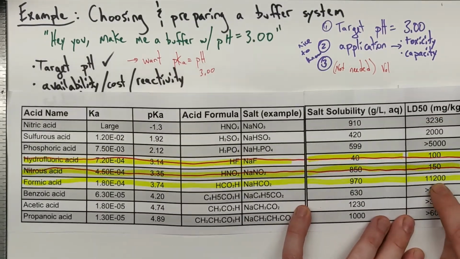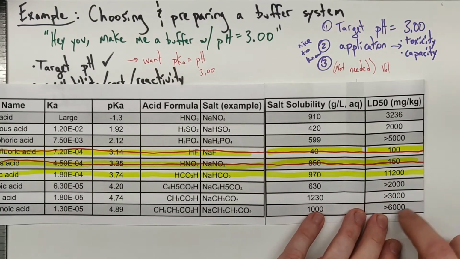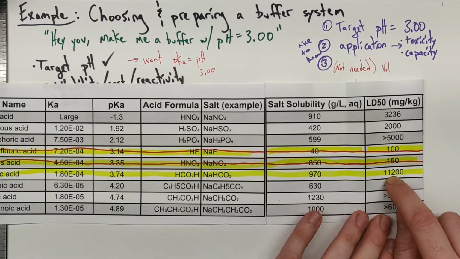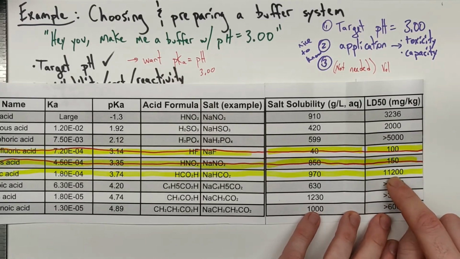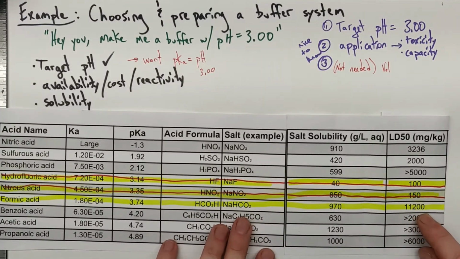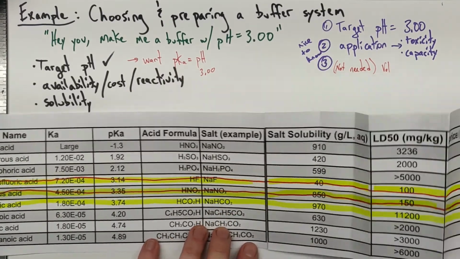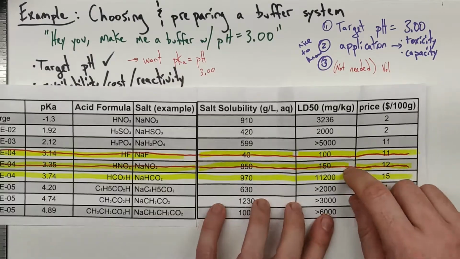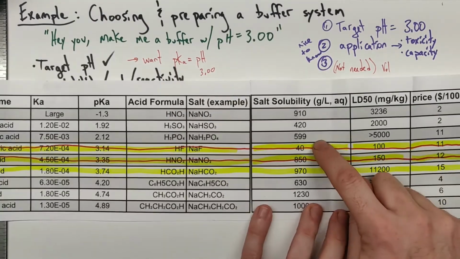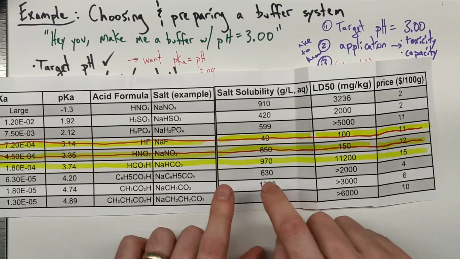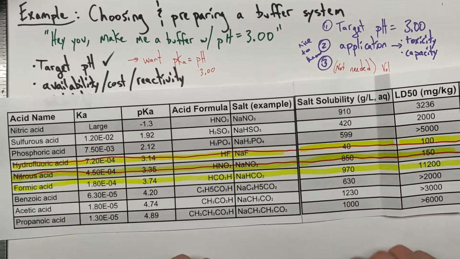And then LD50, 11,000. In fact, looking at these things here, that's probably the least toxic of all of our options. So everything's a compromise, and in this particular case, we're going to compromise based on toxic, not very soluble. So even though they had better pHs, we're going to go with that formic acid.